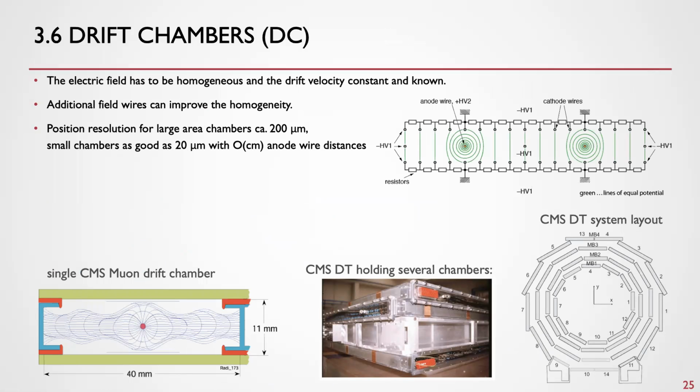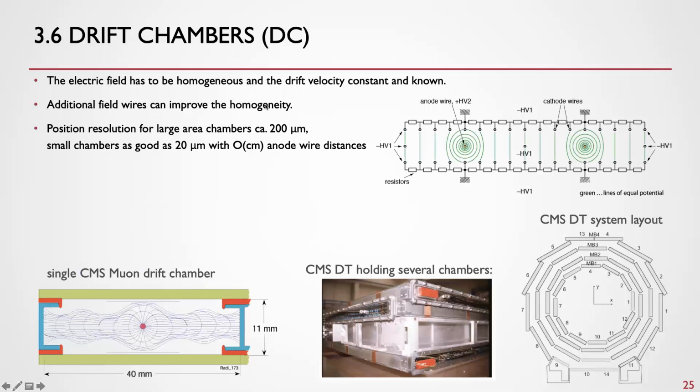Let's discuss a few realistic detectors. Here are the CMS drift chambers. The task is to have the electric field as homogeneous and the drift as homogeneous as possible, so therefore the drift velocity can be constant and known.